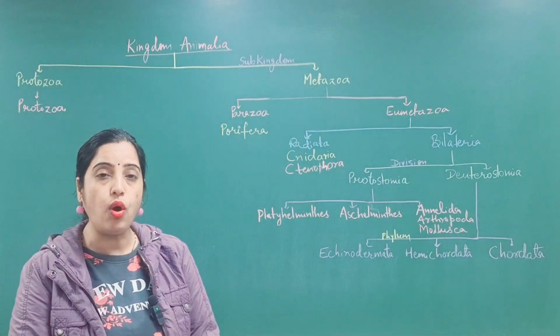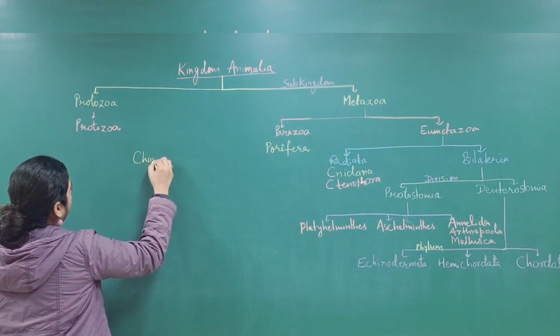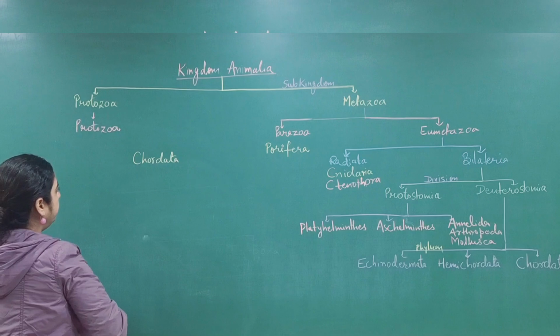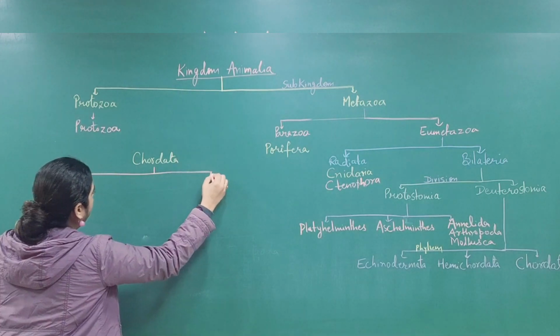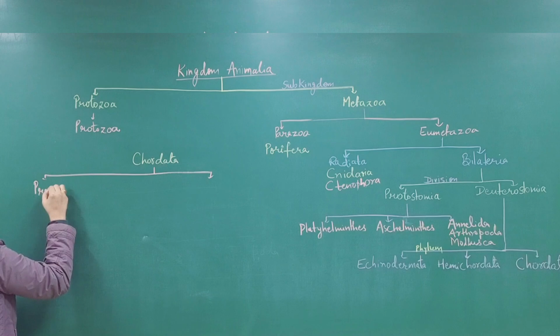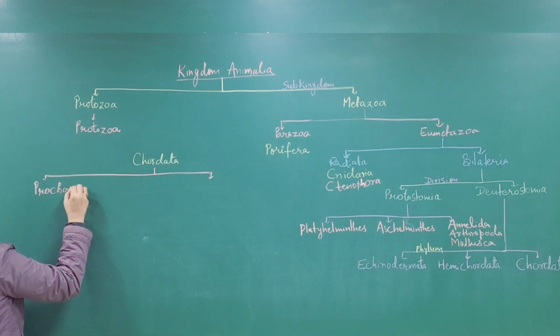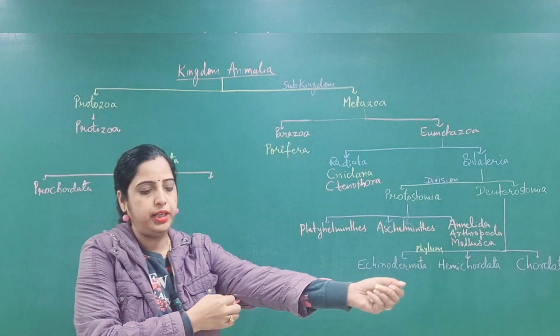Then we have Chordata, which is further classified into protochordates, primitive chordates, and vertebrata.